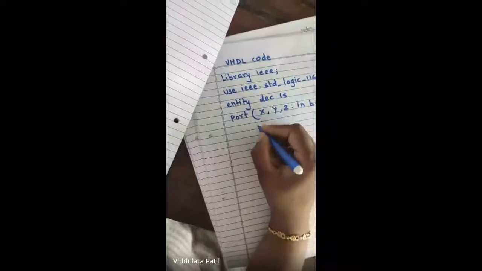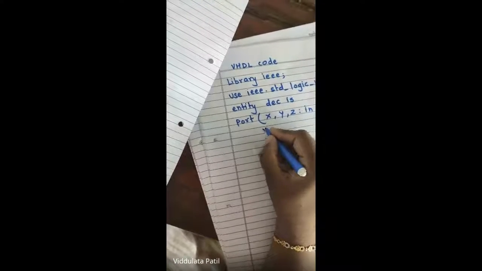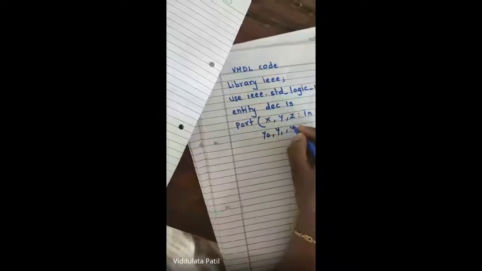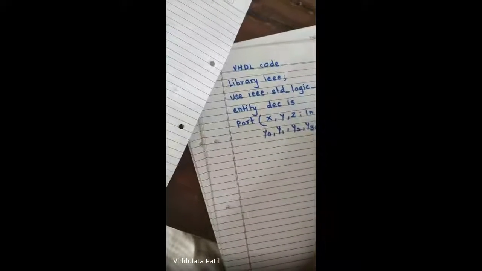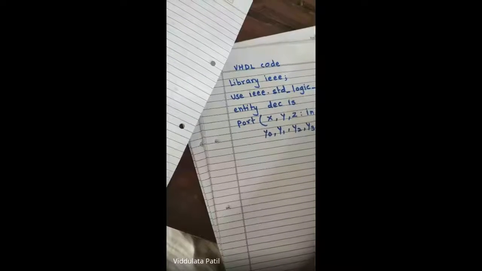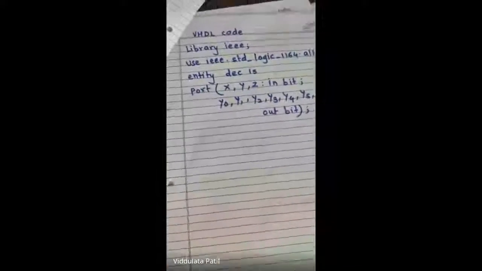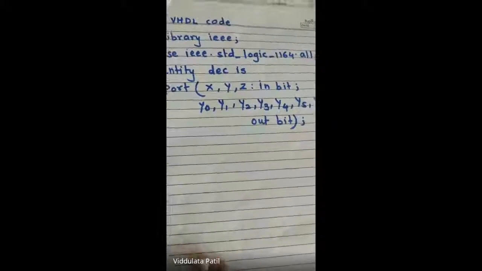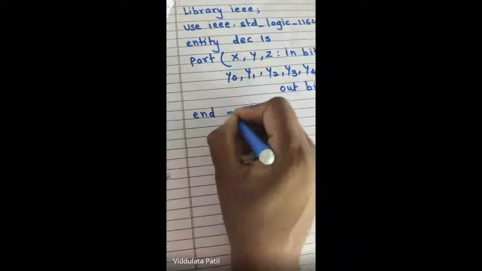Then we have 8 outputs, that is Y0, Y1, Y2, Y3, Y4, Y5, Y6, Y7. All are of out mode and bit type. Okay. So here we have completed this. So complete the bracket and then there will be a semicolon. Then after this we need to end this entity. So end.